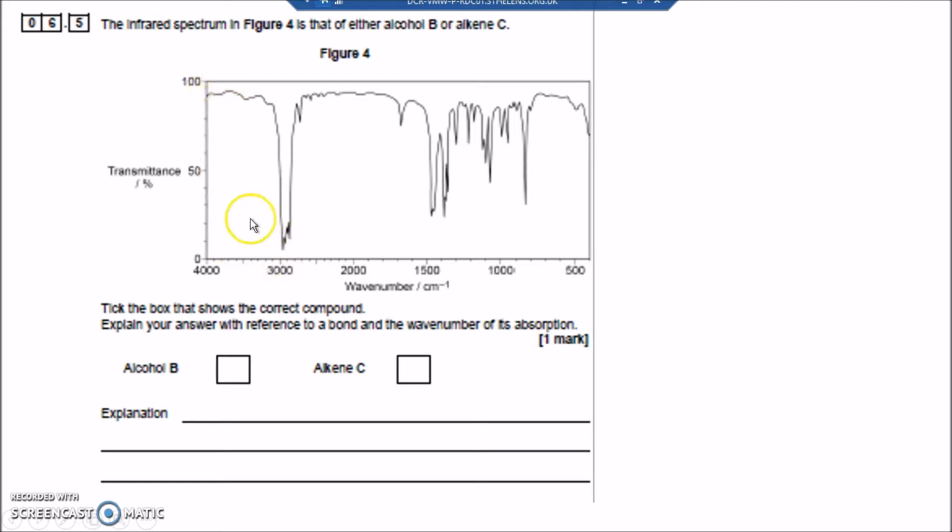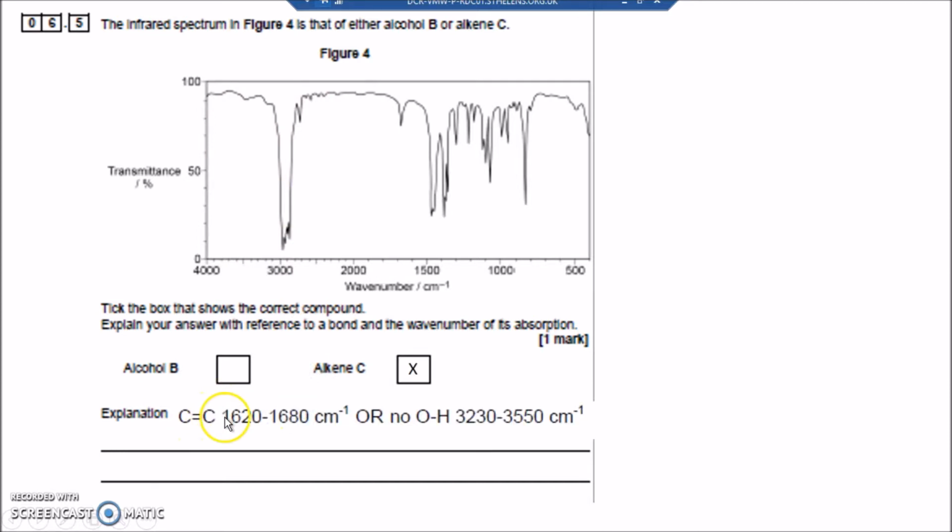Either way, as long as you've got an OH in an alcohol or a carboxylic acid, you end up with a really wide, broad peak here, and in its absence, it's not alcohol, it's an alkene. A carbon-to-carbon double bond is that one there, around about 1,600 to 1,700. It's not very big and it's hard to identify, and that's why it's easier to identify that it's not the alcohol, because it's not got the broad OH absorption at around about 3,000 to 3,500.